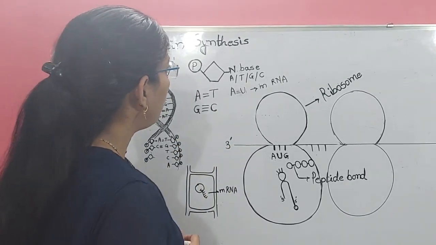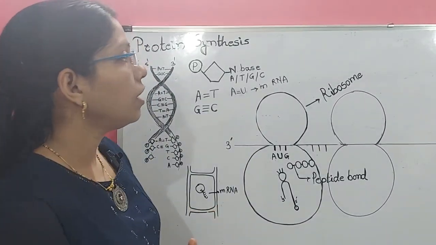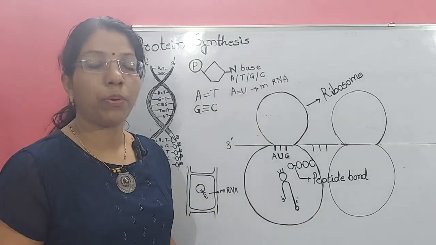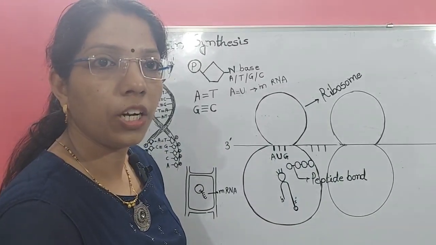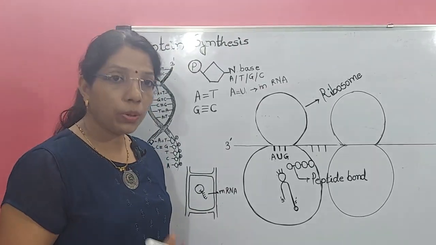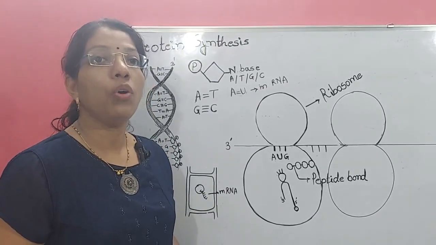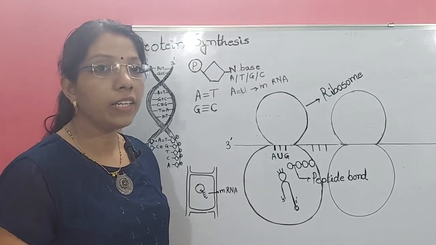We will see what is meant by proteins first. This is an important definition that can be asked in the board examination. What is meant by protein? Proteins are the chain of amino acids. So for the formation of protein, we have to form the chain of amino acids, then the formation of protein will take place.